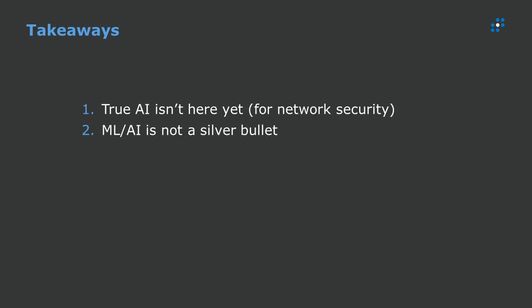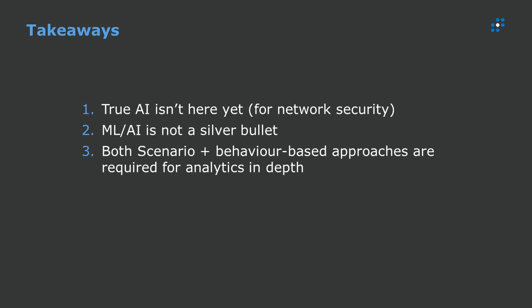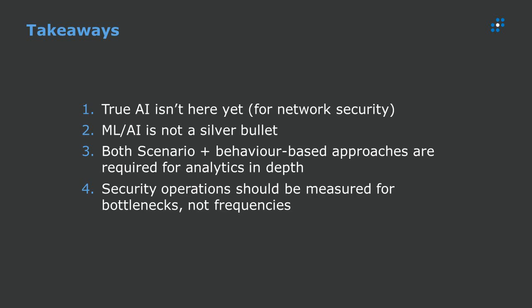It's certainly a very good approach to augment the scenario-based analytics that we already had, and can surface those hard-to-find activities that have perhaps flown under the radar so far. And to that point, there's no point in getting into a kind of religious argument about scenario versus behavior-based approaches. They're actually both required. They're good at different problem spaces, and if you really want analytics in depth, then you're going to want to leverage both approaches.